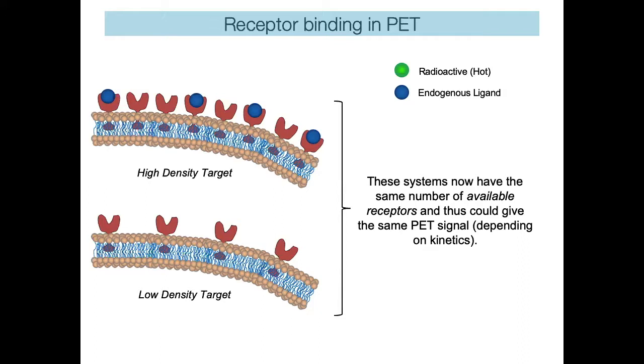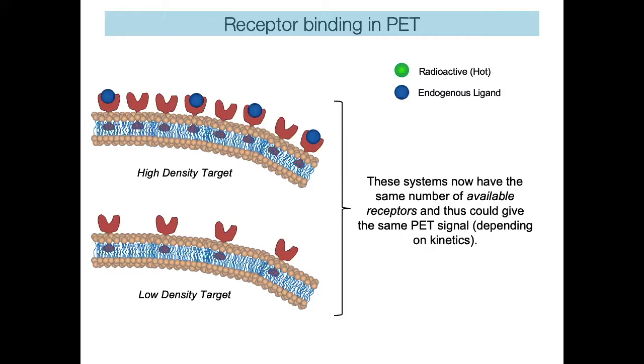So one of the things PET cannot do is distinguish in this case between the top and the bottom targets, because you might have a high density target, but if some of those receptors are occupied by an endogenous ligand, then to the PET tracer it will still seem that there are only as many available receptors as in the low density target.